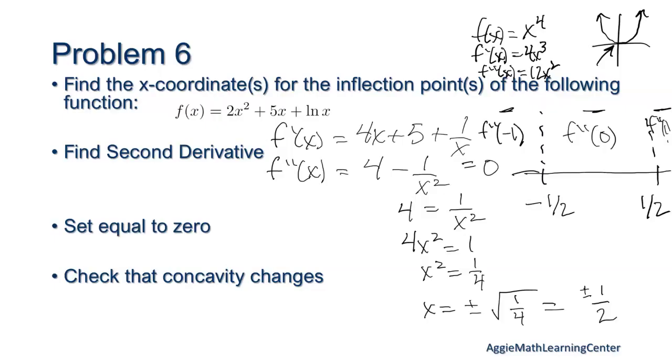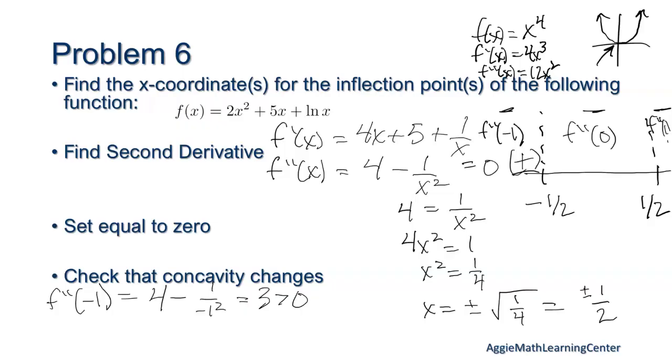So f double prime of -1 is equal to 4 minus 1 over -1 squared. I think that's 3, which is greater than 0. So our second derivative is greater than 0, which Connor uses his hands.